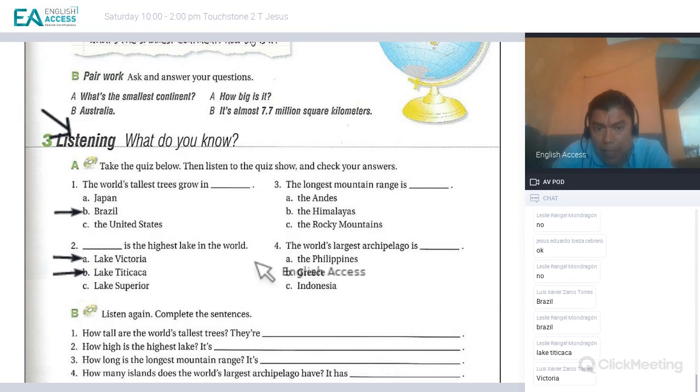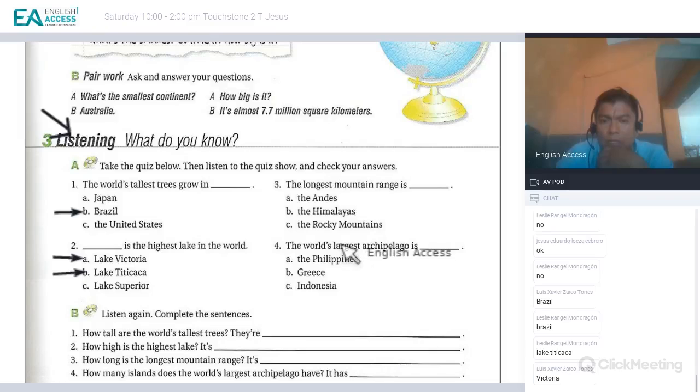Okay. And number three, the longest mountain range is A, the Andes, B, the Himalayas, or C, the Rocky Mountains. Which one is it? No answers, guys? All right. Let's go for four.